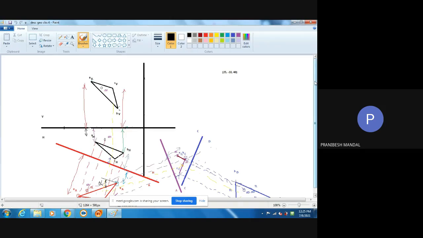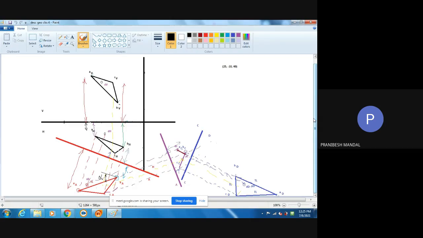So let us have two planes. In the earlier problem, we actually had one point and one plane. Yes or no? Yes, sir.